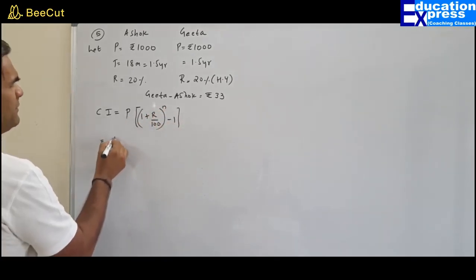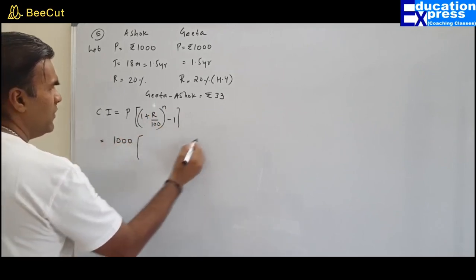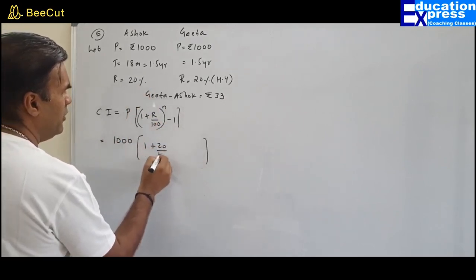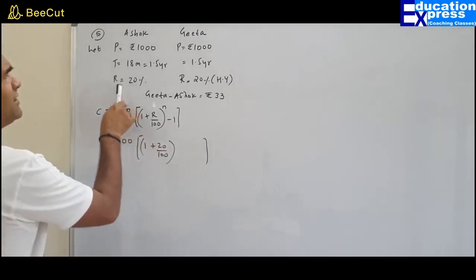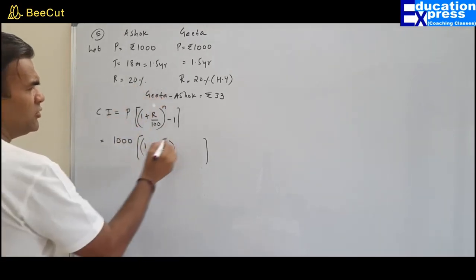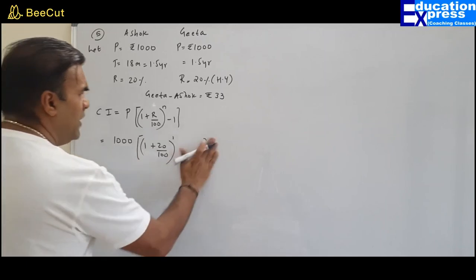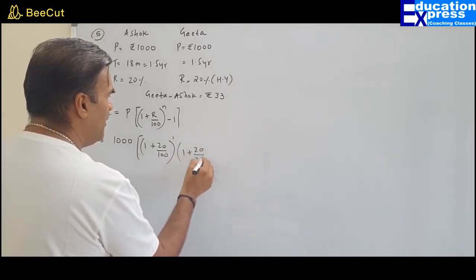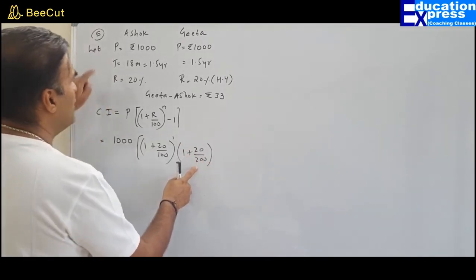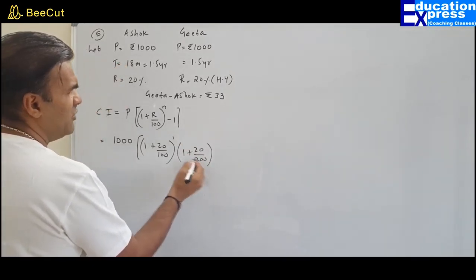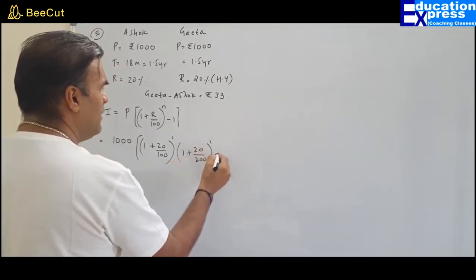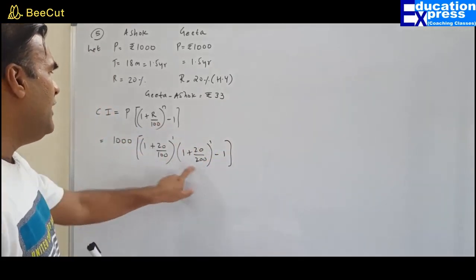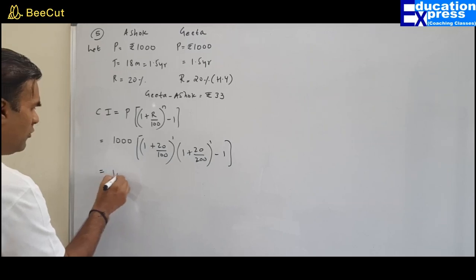So what is the principal amount? Sir, 1000. What about the rate? Sir, 1 plus 20 upon 100. We have to take it for 1.5 year. So this is 1 year, then we'll have to take for 6 months. 1 plus 20 upon 100, but we will not take 100 because it is just for 6 months, so we take 200, raised to 1 minus 1. 1 year and a half year, 1.5 year. 1000.